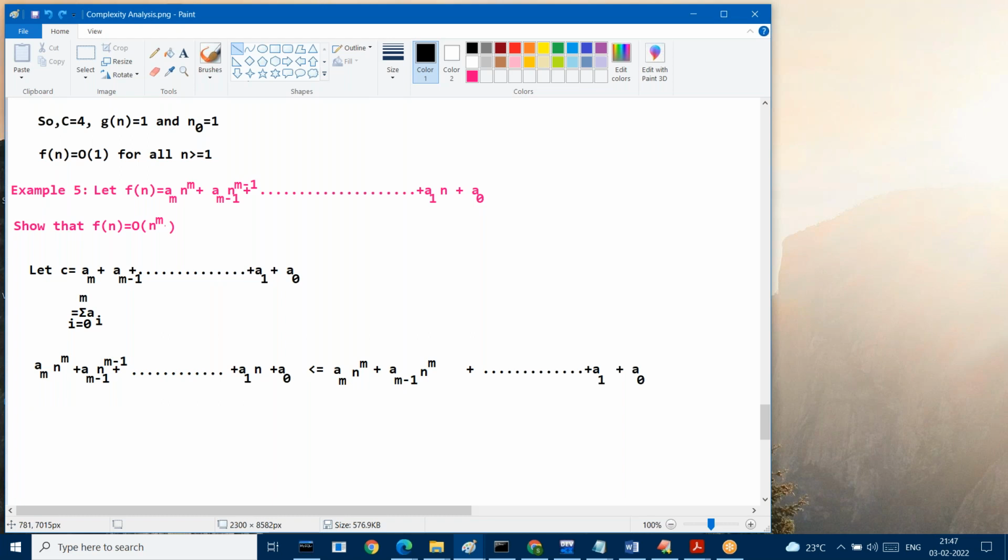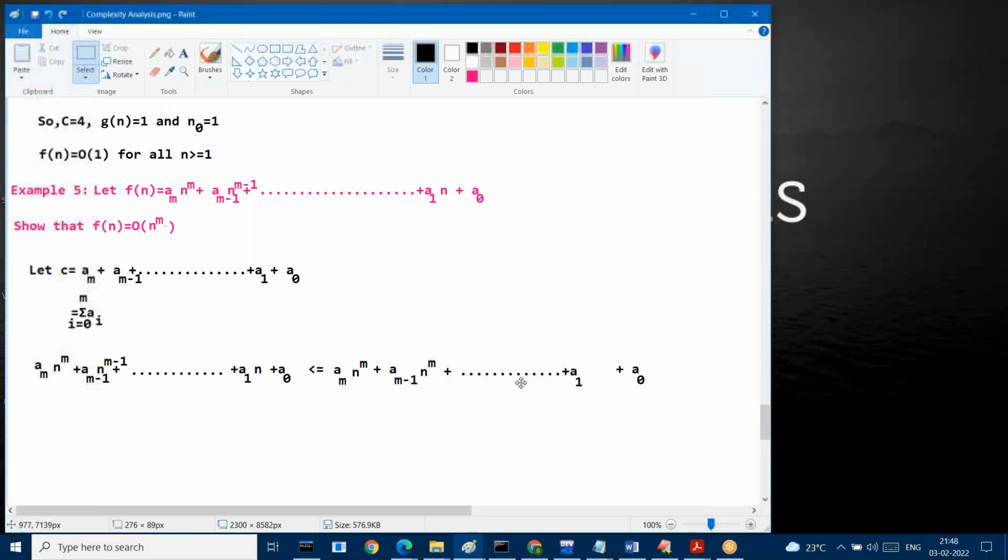Yes. Similarly, for all the terms, I'm multiplying with n to the power m only, so automatically it will become a bigger term, sir.